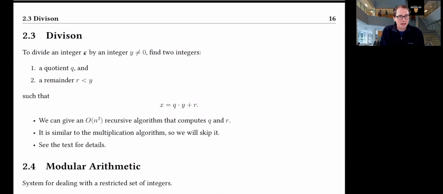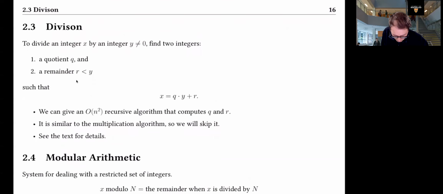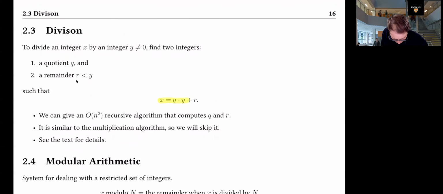Well, if you're given an x and a y that's not 0, and you want to compute x divided by y, then what you're trying to do is find the quotient and the remainder, right? The quotient is how many times y goes into x, and r is what's left over. And so you can always write x as q copies of y plus the remainder r, where the remainder is smaller than y.